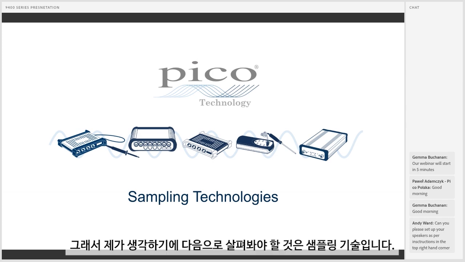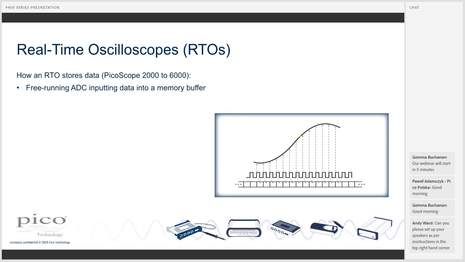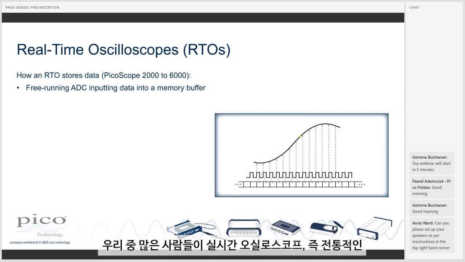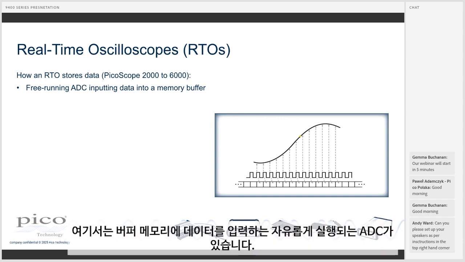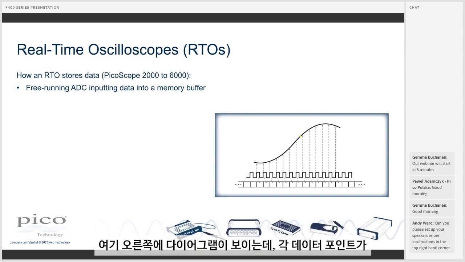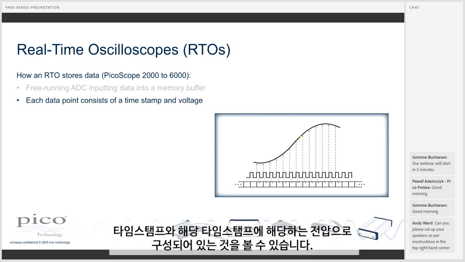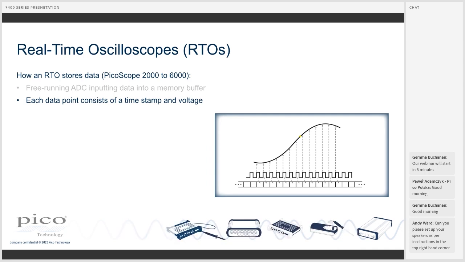So I think the next thing really to look at is the sampling technologies. Many of us are familiar with real-time oscilloscopes, which is the traditional oscilloscope, and in Pico we have our 2000 to 6000 series. Here we have a free-running ADC inputting data into the buffer memory. We can see the diagram on the right-hand side here, and we can see that each data point consists of a timestamp and a corresponding voltage for that timestamp.